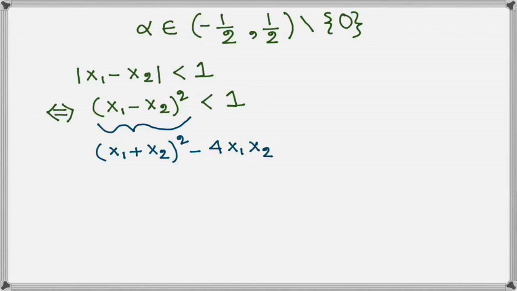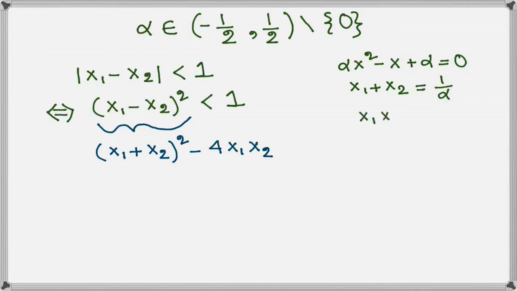Recall that our equation is alpha x square minus x plus alpha is equal to 0. Therefore, x1 plus x2 is equal to 1 by alpha and x1 into x2 is equal to alpha into 1 by alpha, which is 1.